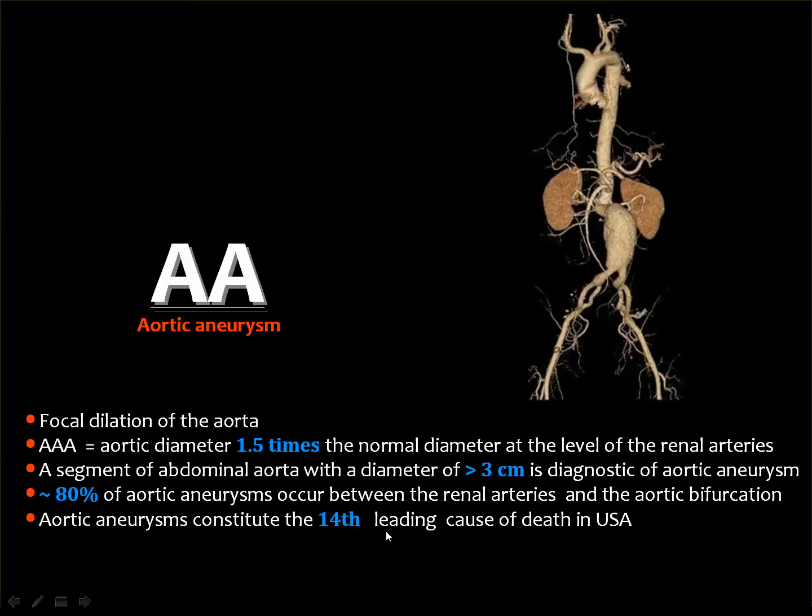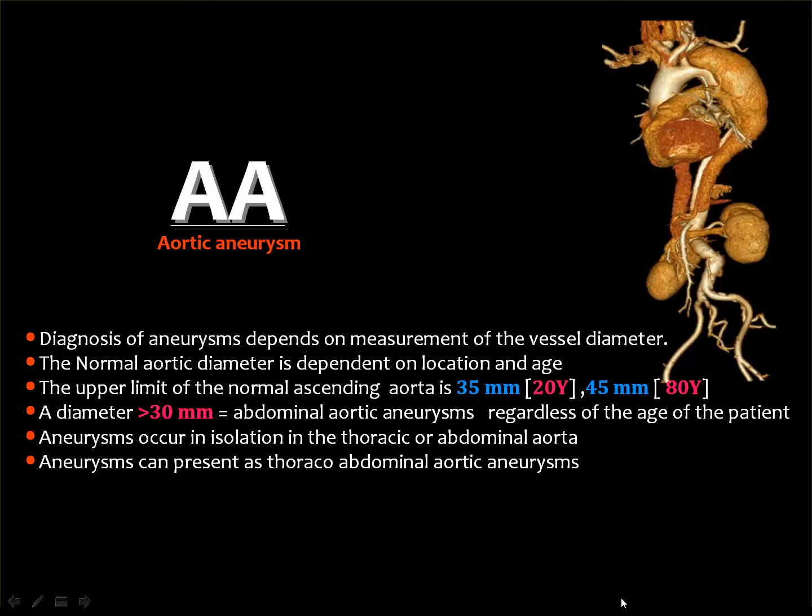For abdominal aortic aneurysms, you consider the aneurysm if the diameter of the abdominal aorta is more than 3 centimeters. Aneurysms very commonly occur below the level of the renal arteries and proximal to the level of the common iliac arteries. According to the literature, aortic aneurysm is the 14th leading cause of death in the United States.